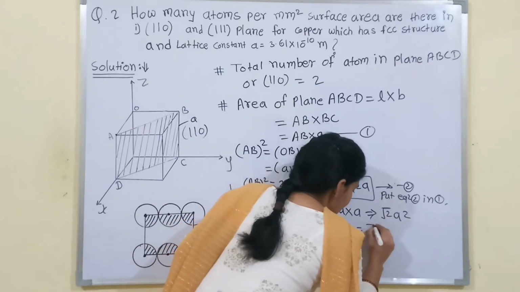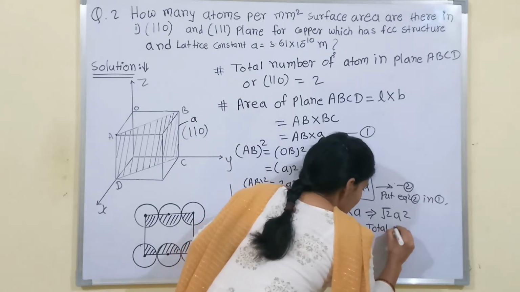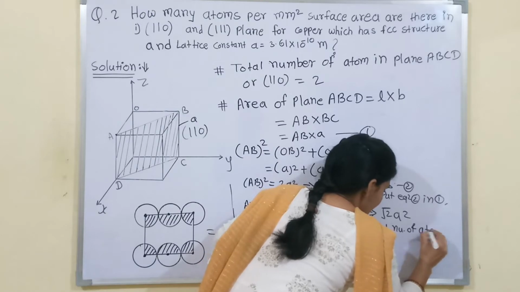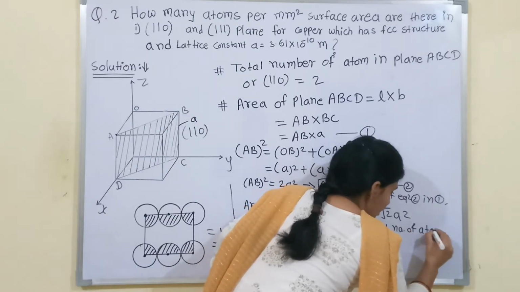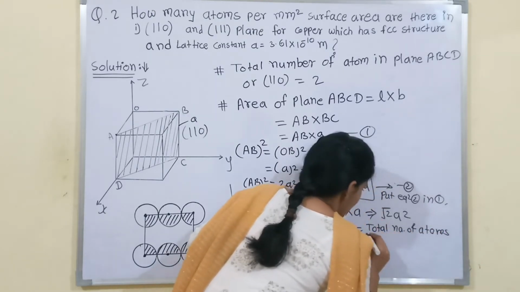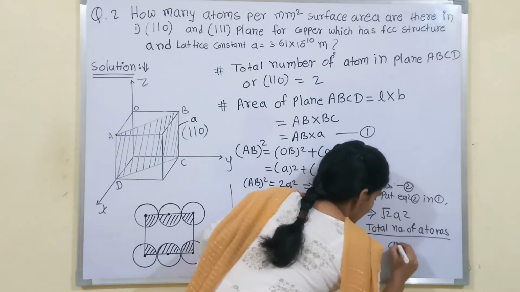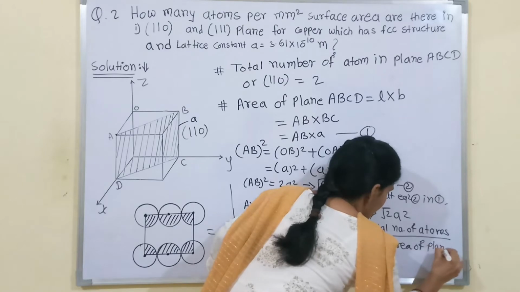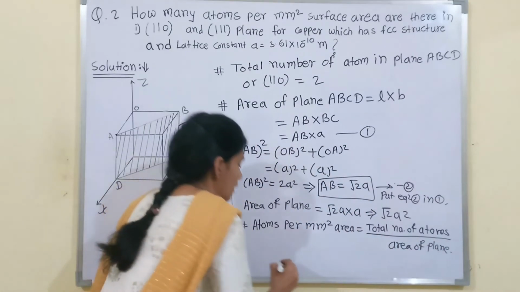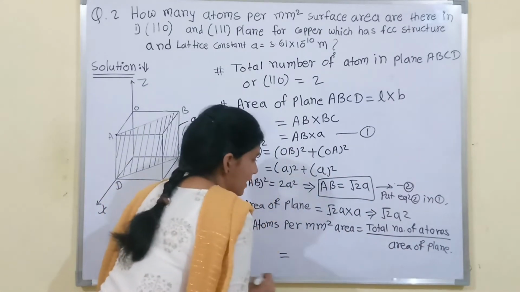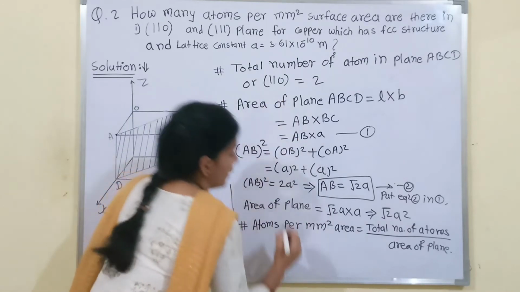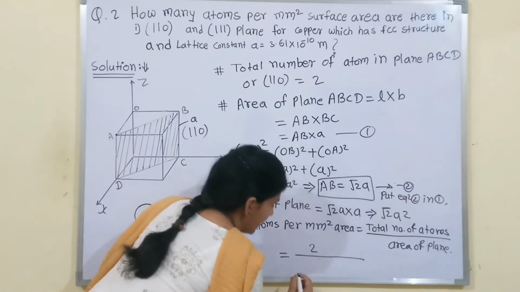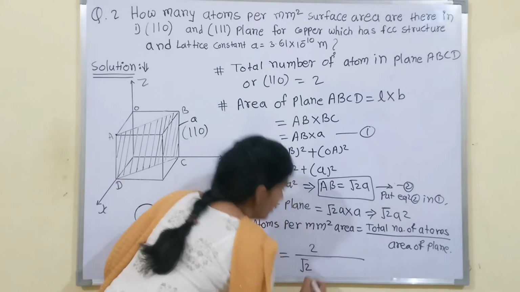The total number of atoms in that plane divided by the area of plane. How many total atoms? There are 2 atoms. And what is the area? The area is root 2 A square.